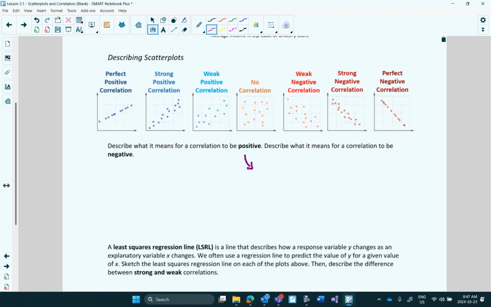Try using the variable names. As X increases, so does Y. Or as the average income increases, so does the number of organic items offered. Okay? In that specific example. So yeah, that's right. As X increases, so does Y.